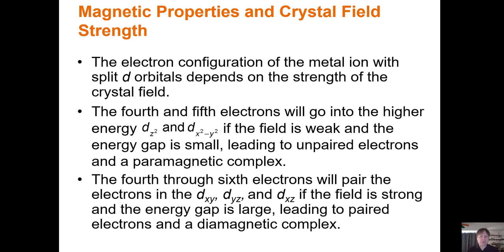So this happens if you have a strong field with a large gap, then everything goes to the bottom. So you end up with all of the electrons paired, and the complex is only diamagnetic. It is not also paramagnetic.